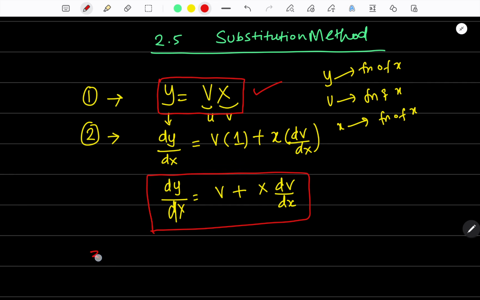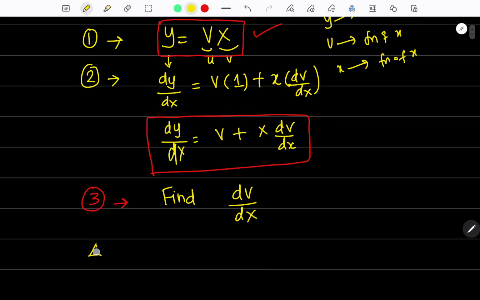Then step number 3. What are we going to do? We are going to get an expression for dv by dx. Find dv by dx. Step number 4, find v. We are going to integrate this equation with respect to x.